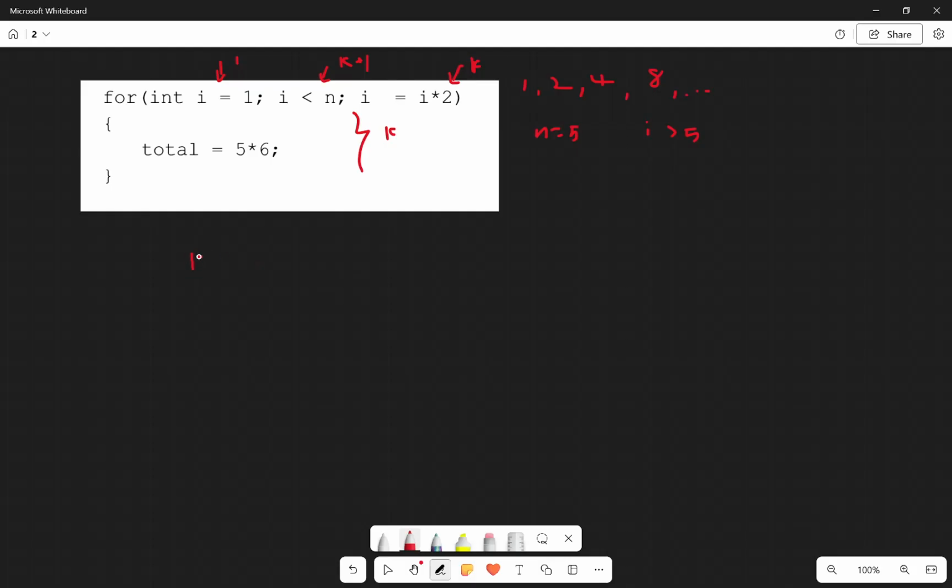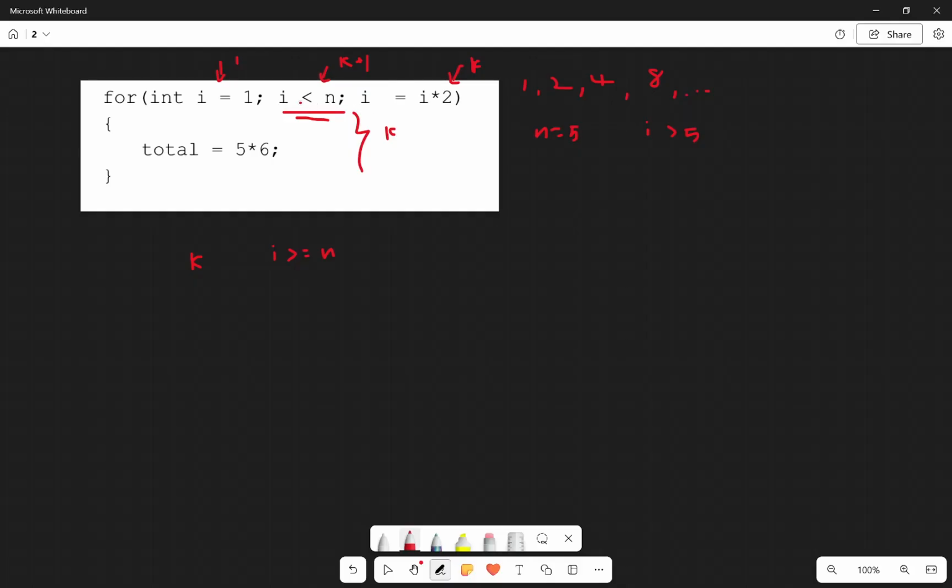After k iterations, I has to be greater than or equal to n. So that's the exit condition. Okay. So after the kth iteration, I becomes greater than n, and that gets validated at the k plus 1th condition check.